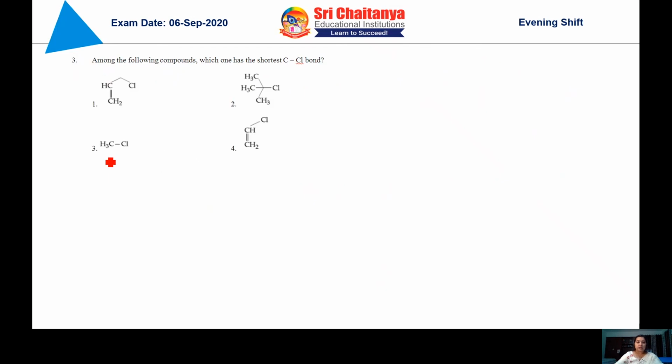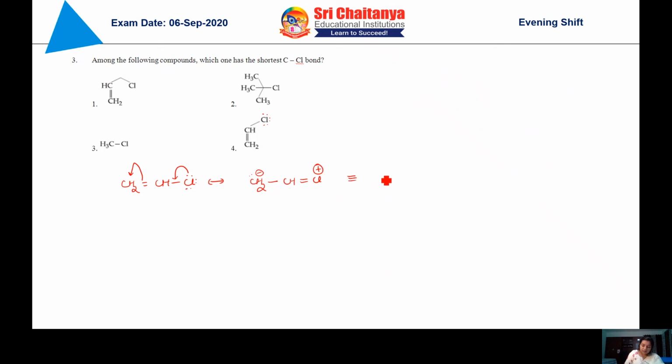Next organic question is the third one, which says among the following compounds, which one has the shortest carbon chlorine bond? If you observe option number 4, which is CH2 double bond CH single bond Cl, there is resonance between the chlorine lone pair and the pi bond of the 2 carbons.